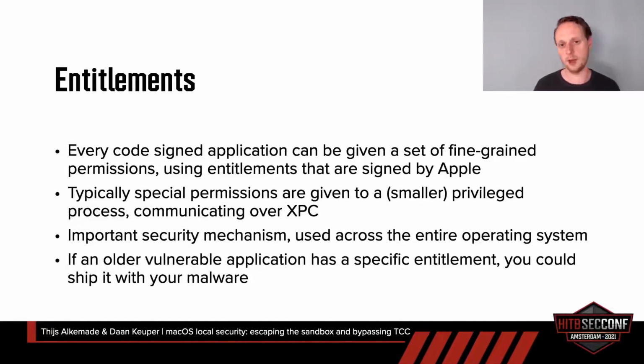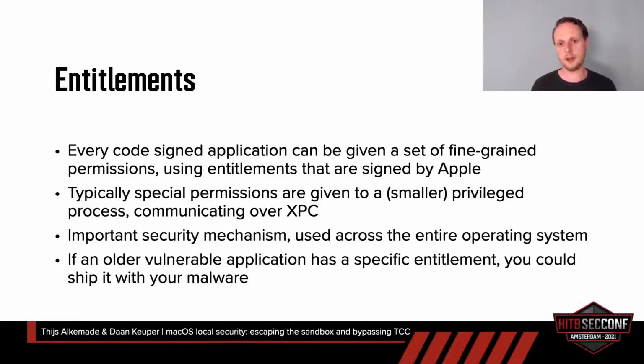The same technique also applies to iOS, but every code signed application can be given a very fine-grained set of permissions by Apple, which are called entitlements. Very specific permissions are given out to specific applications. For example, a VPN application needs to make changes to the current network stack. So the VPN software will get a very specific entitlement for that.